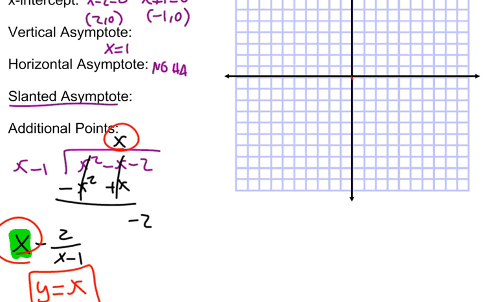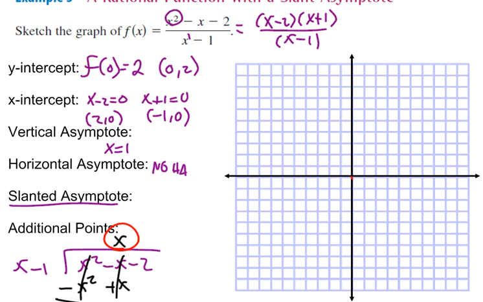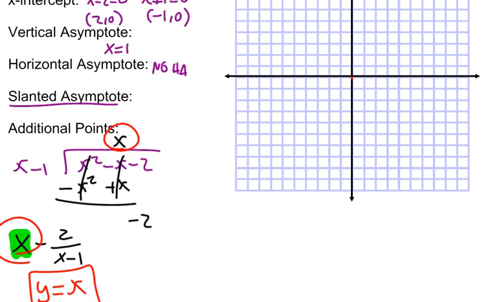What determines a slanted asymptote is that the numerator degree is bigger than the denominator degree. See how 2 is bigger than 1? That is an indication that we're going to have a slanted asymptote. So what you do is you do long division, which we learned how to do in the first section of this chapter.